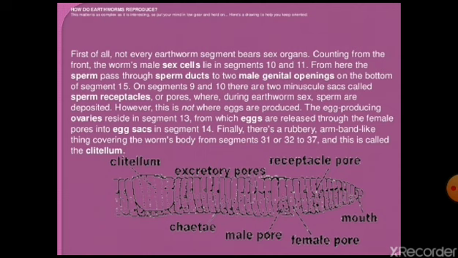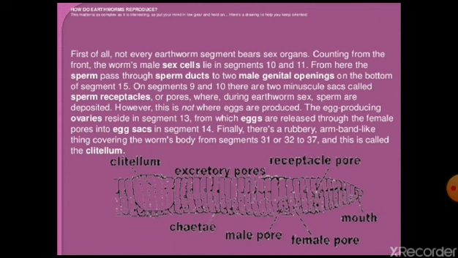The egg producing ovaries reside in segment number 13, from which eggs are released through the female pores into egg sacs in segment number 14. That means ovaries lie in segment 13 and are released through the female pores into segment number 14, which represents egg sacs.